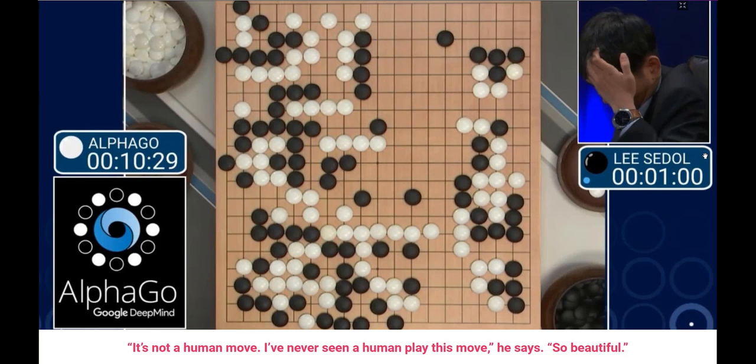Now, the thing to consider is that in the game of Go, and please, I can't emphasize enough the statistic that I'm going to quote at the moment.